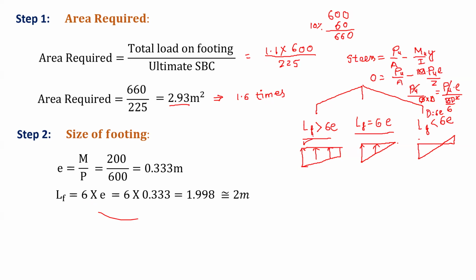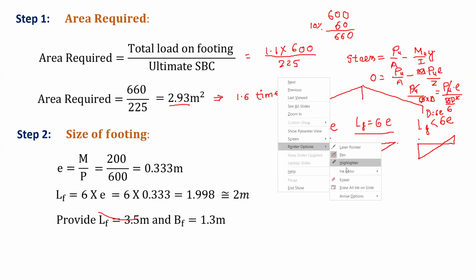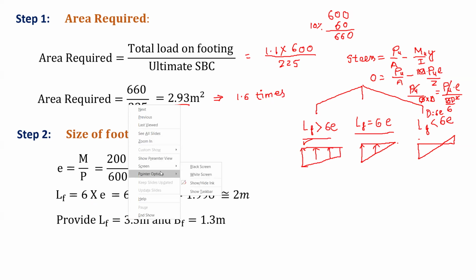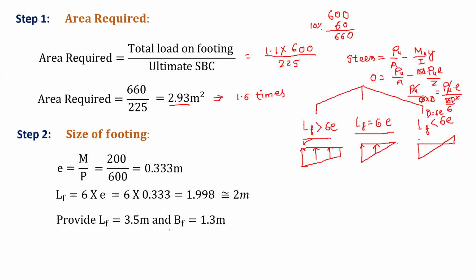So now we have 2 meters, and we will provide it as 3.5 meter. I already mentioned we have to increase the area, about 1.6 times, because the moment is also there. To accommodate that moment, this will be 3.5 meter, and Bf we will put as 1.3 meters.